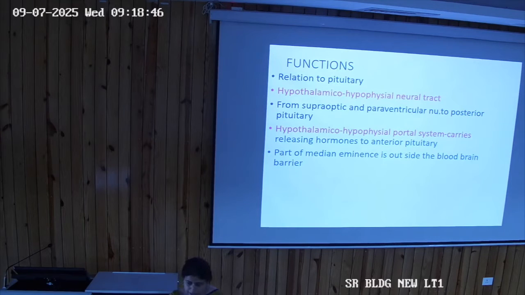Then they are getting secreted through the axonal fibers, coming and getting accumulated in the posterior pituitary, and when there is requirement, they are getting released. Whereas the anterior pituitary hormones are coming through the portal circulation of blood, the posterior ones are coming through the axonal fibers or the neurons. Clear?